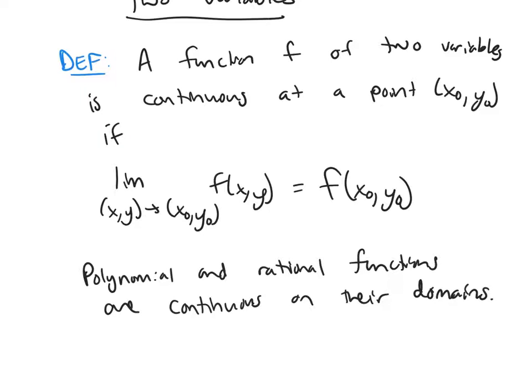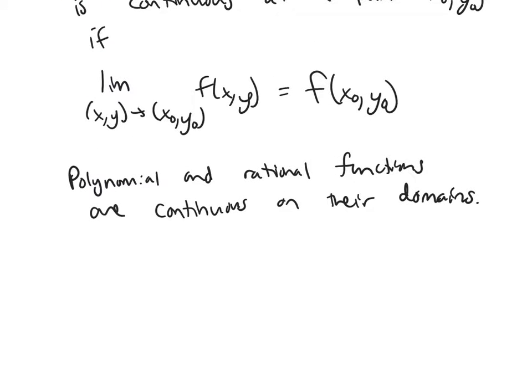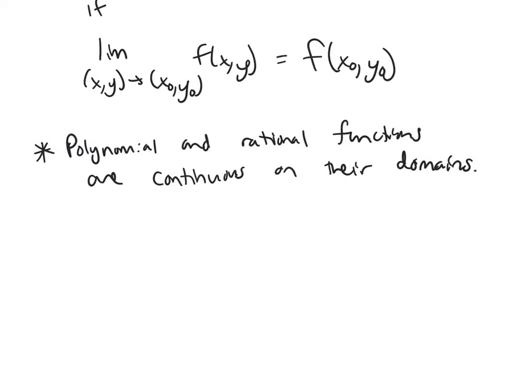So this was true for functions of a single variable, but it's also true now for functions of two variables. And so let's look at an example here where we're finding where a function is continuous.